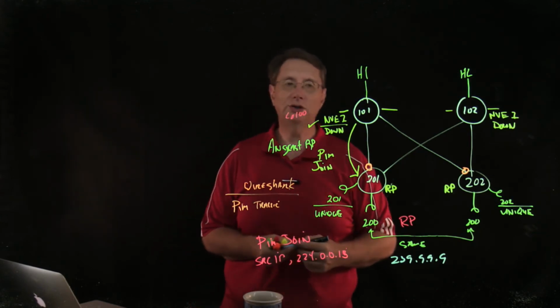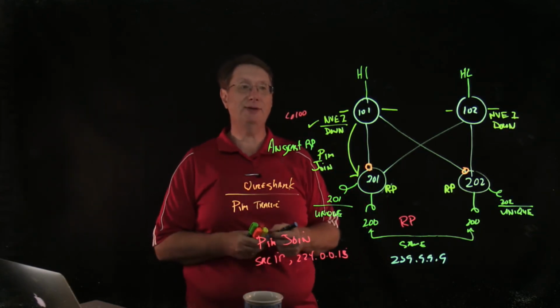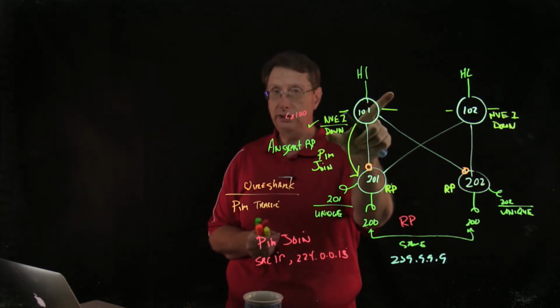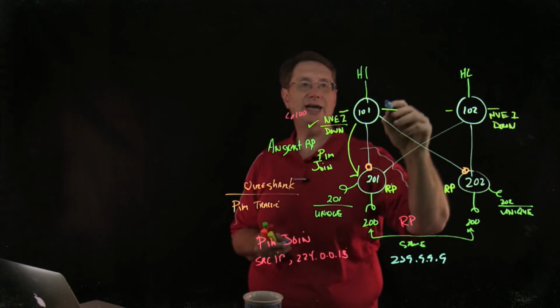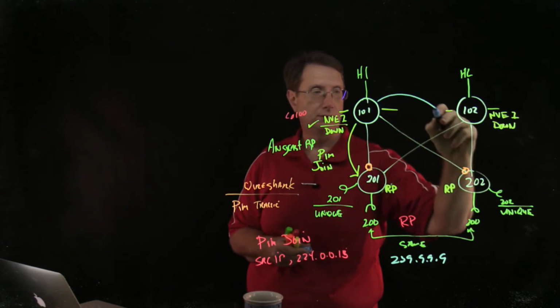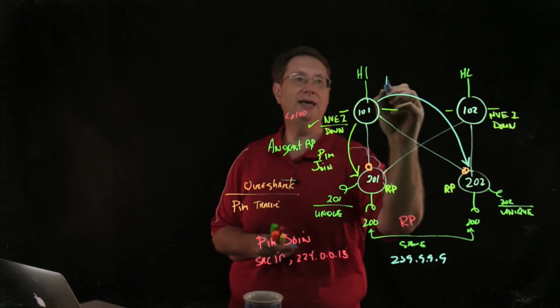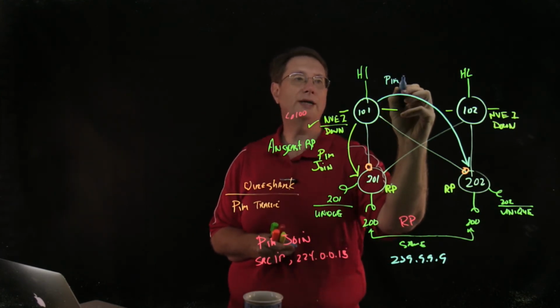It's also important to note that once that happens, the NVE on Leaf 101 is going to send a message called the PIM register message.